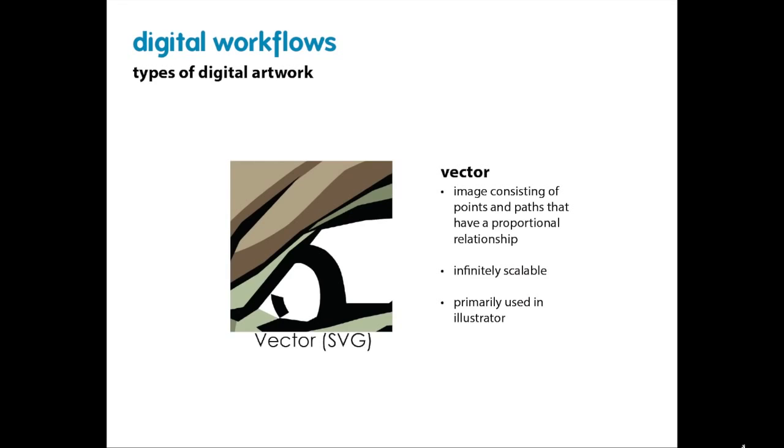So what that means is when you draw a curve in a vector, the actual distance between the points isn't as important as the relative distance between the points and the curvature of the path. Because it's a proportional mathematical relationship, if you double the size, it just doubles the distance between everything. So it's infinitely scalable, very flexible, and it's primarily used in Illustrator, a little bit in InDesign.